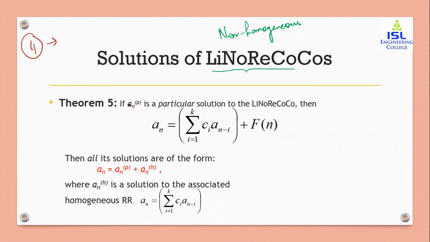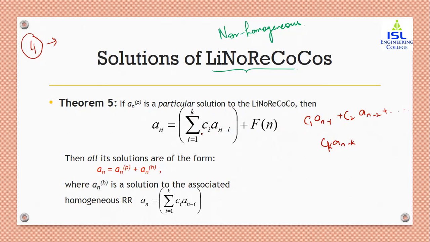Now in this case, if a_n^(p) is a particular solution to the linear non-homogeneous recurrence relation, then a_n is equal to c1 a_(n-1) plus c2 a_(n-2) up to ck a_(n-k). Instead of that, I have shortened it as the sum from i equals 1 to k of ci a_(n-i), plus f(n).